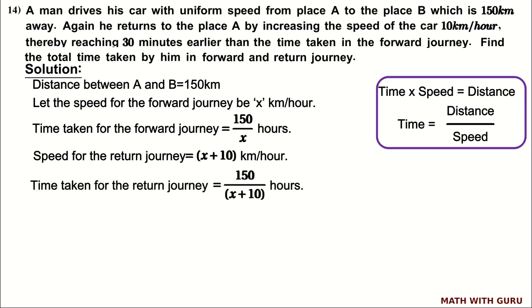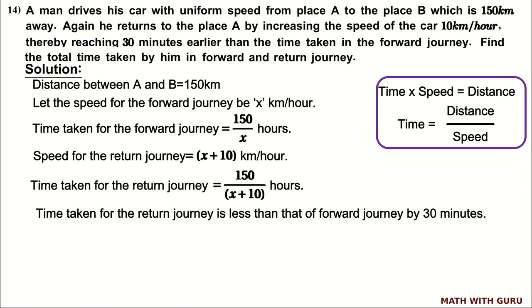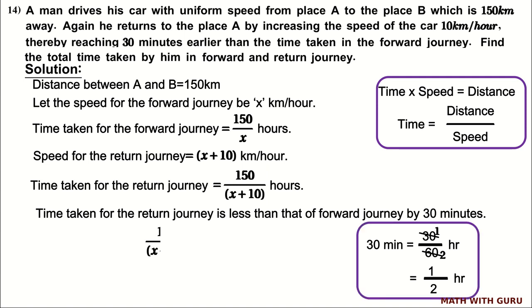Time taken for the return journey equals 150 divided by x plus 10 hours. Time taken for the return journey is less than that of the forward journey by 30 minutes. 30 minutes equals 30 divided by 60 hours. 3 1s are, 3 2s are. This is equal to 1 by 2 hours. Half an hour.